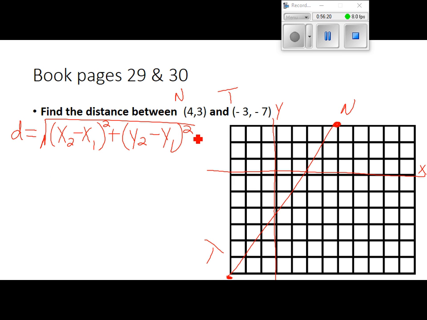First thing I do every single time, I write this: parenthesis, minus, squared, plus, parenthesis, minus, parenthesis, squared. I just write the formula out without any letters or numbers in it. Then I'm just going to put in the correct things in those four positions.